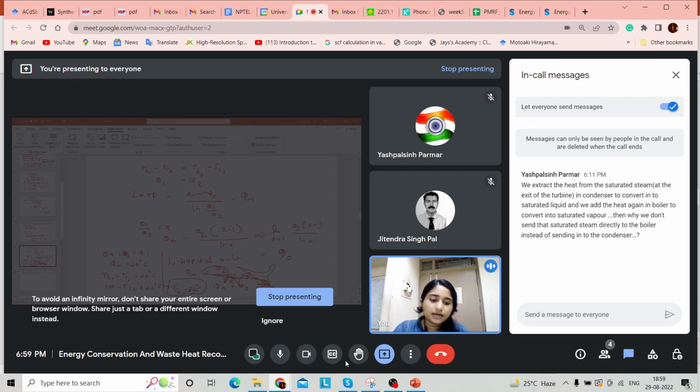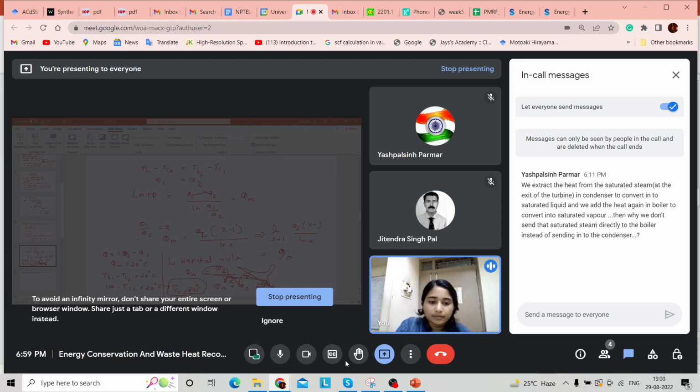Actually, in this area, you can see problems like the first one, which is LMTD related problems. You have to find LMTD in some cases, otherwise you have to find the exit temperature, which is the problem we just did. Another kind of problem is finding the mean temperature difference.